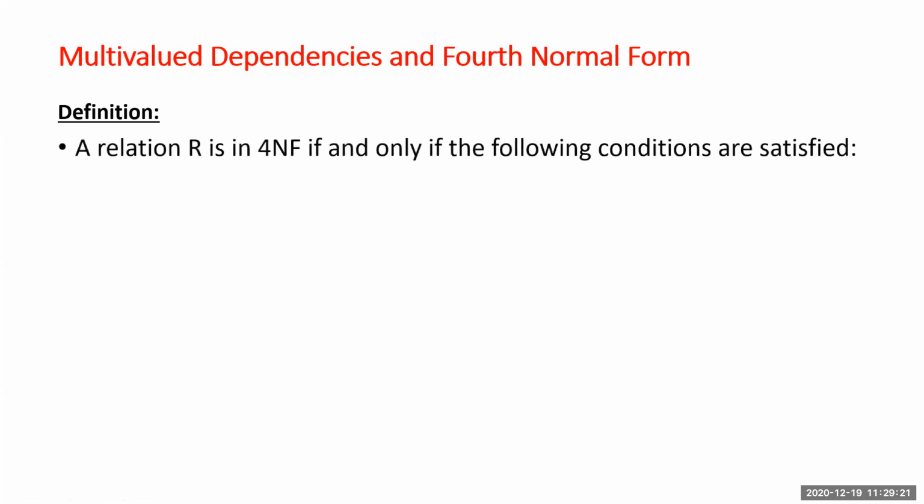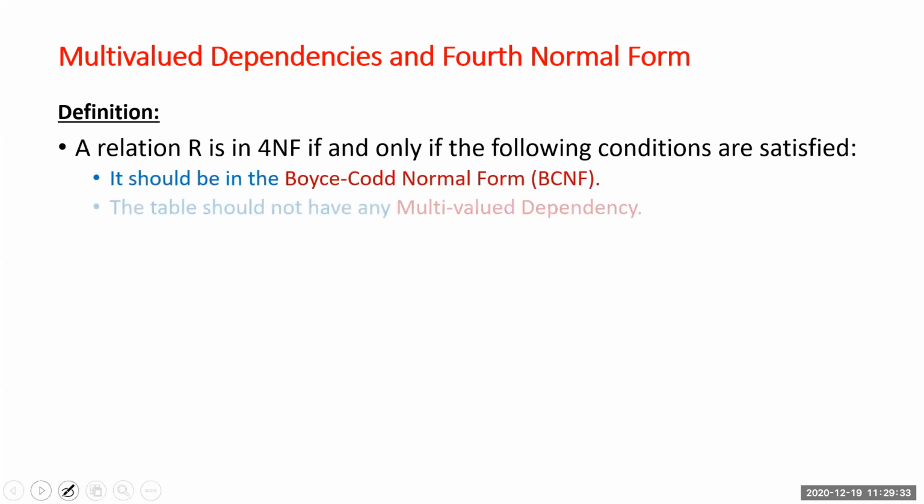Now the definition of fourth normal form. A relation R is in 4NF if and only if the following conditions are satisfied. What are the following conditions? It should be in BCNF. Obviously, the table should not have a multivalued dependency, because even after BCNF there were some tables where we could see redundancy, and this multivalued dependency actually arrived.